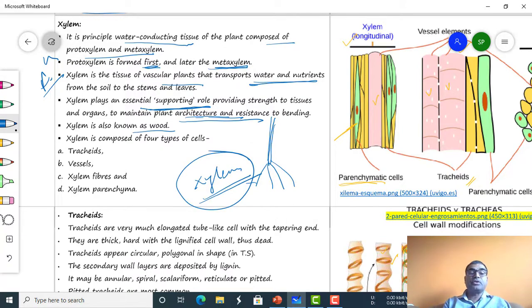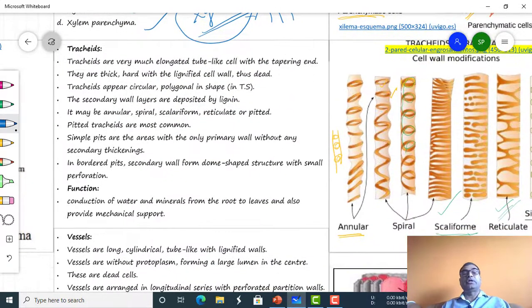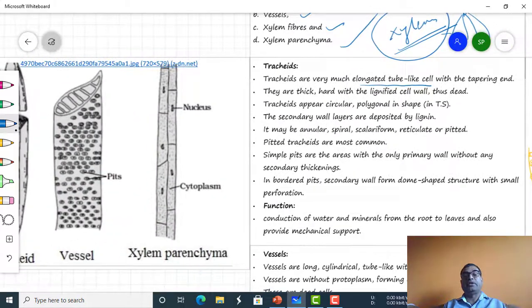So xylem is also known as wood, and it consists of 4 elements: tracheids, vessels, fibers and parenchyma. Just see about the tracheids. Tracheids are very much elongated tube-like cells with tapering ends.